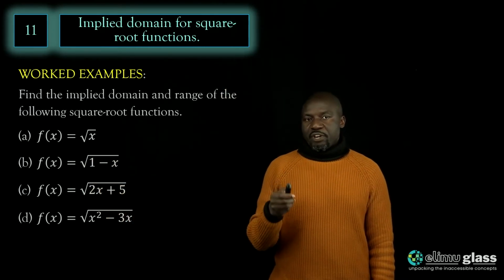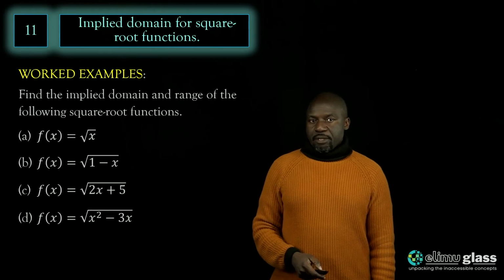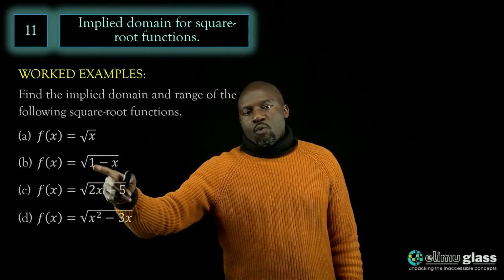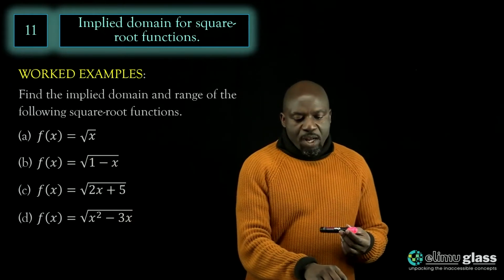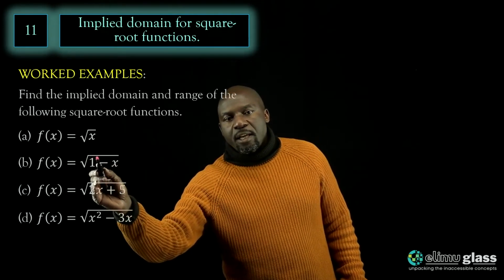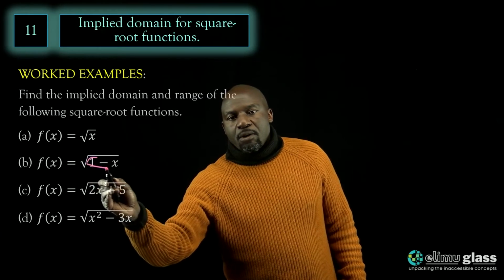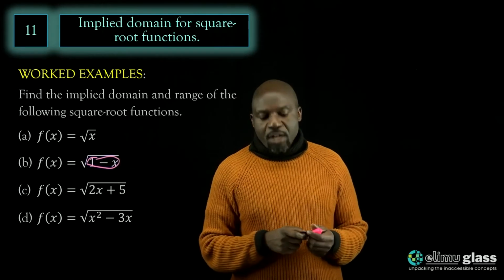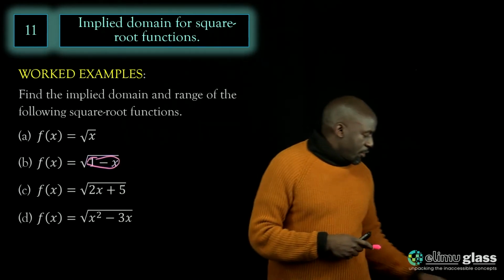All right, has to be greater than or equal to 0. Okay, if we are going to find the square root of 1 minus x, then 1 minus x, this whole thing has to be a number that is positive or 0, has to be equal to or greater than 0.